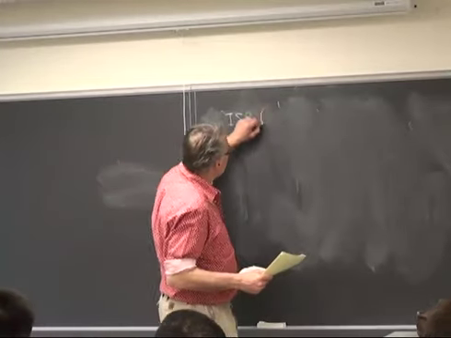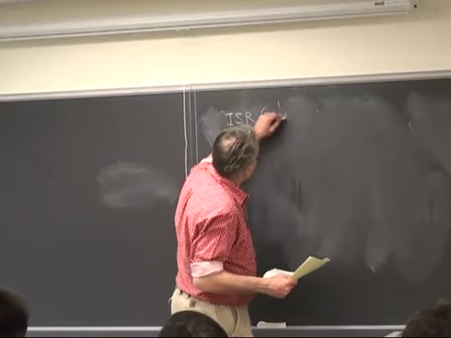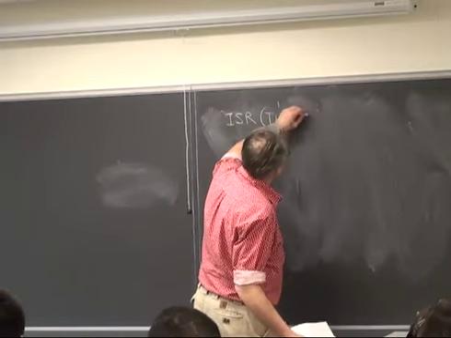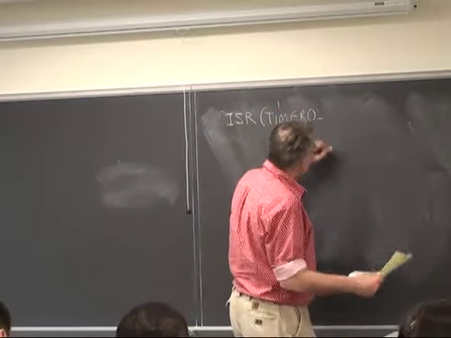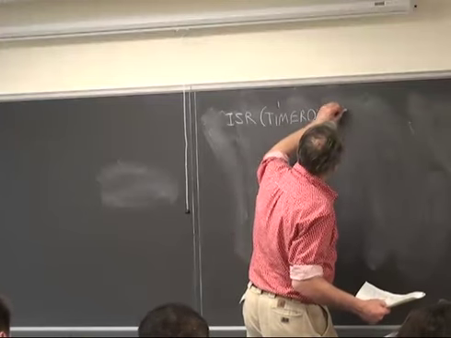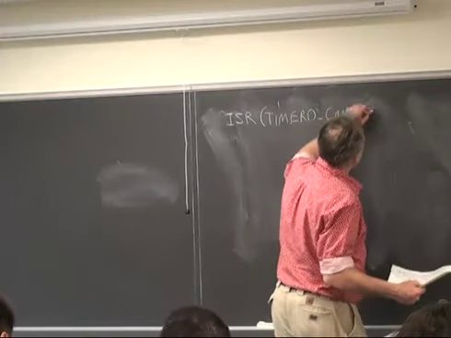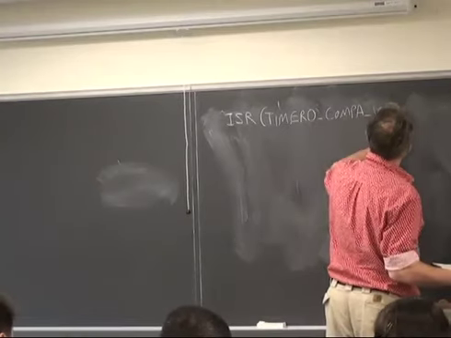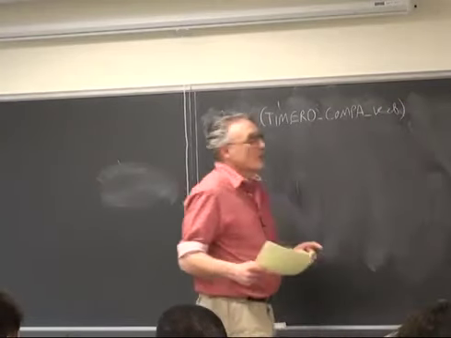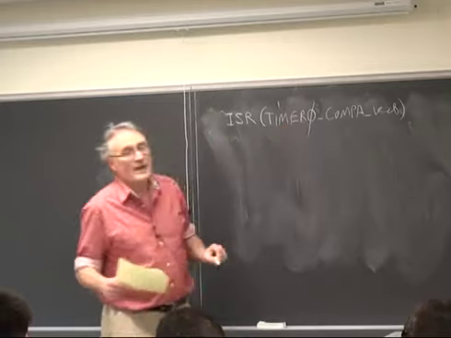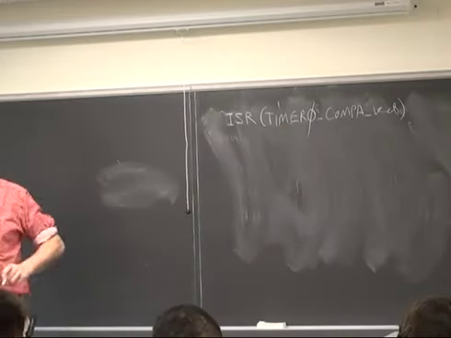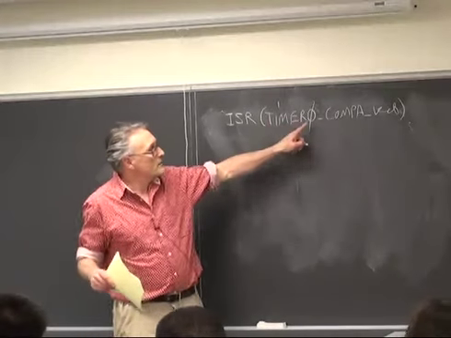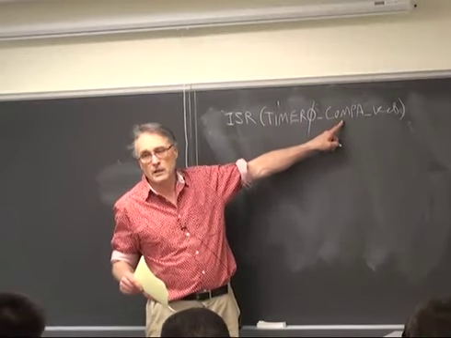We name it TIMER0_COMPA_vect. So this identifies to the compiler that we are writing interrupt code for the timer 0 compare A channel interrupt.